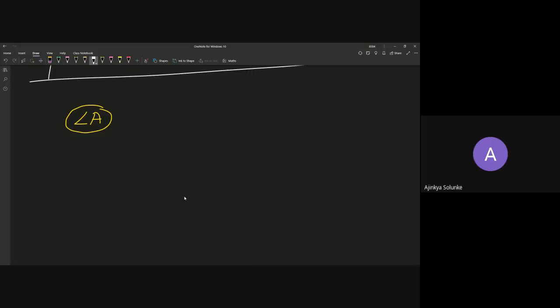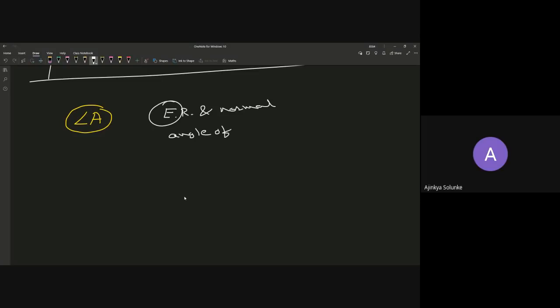Can you please tell me the angle which is present between the emergent ray and the normal? You can even give me the letter for the angle, that would still be fine. You don't need to write down the complete angle. Angle between the emergent ray and the normal.